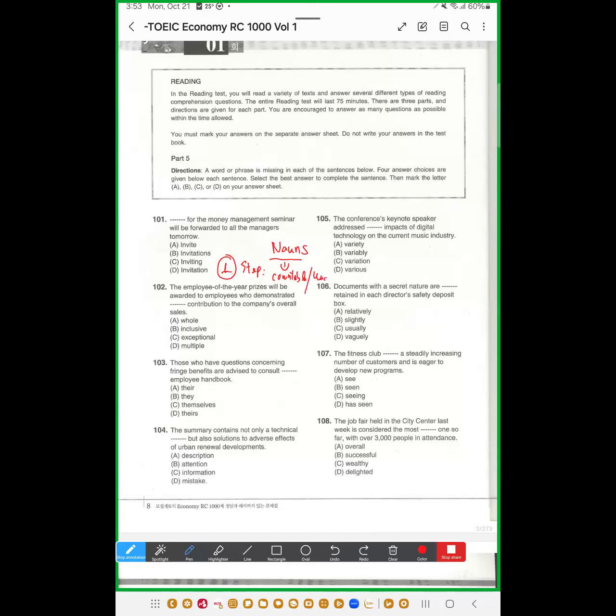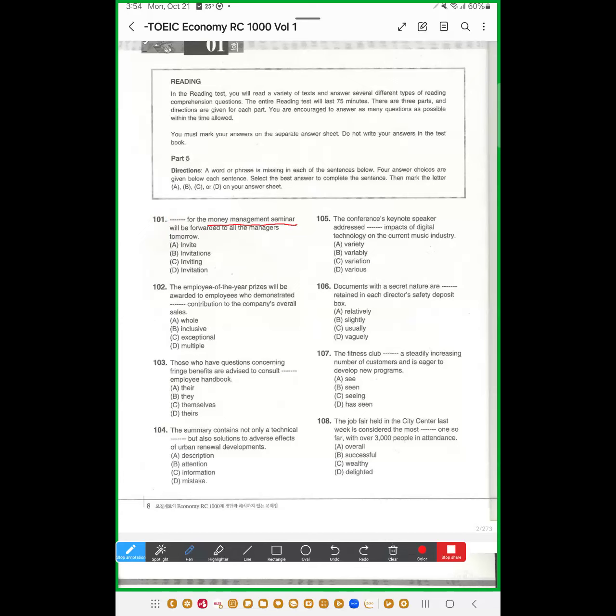That is the reason why we should use the dictionary if we haven't got enough knowledge, right? So that is it for this kind of question 101. You can count invitation, like one invitation, three invitations, four invitations.